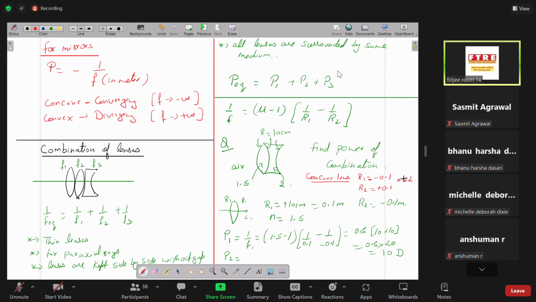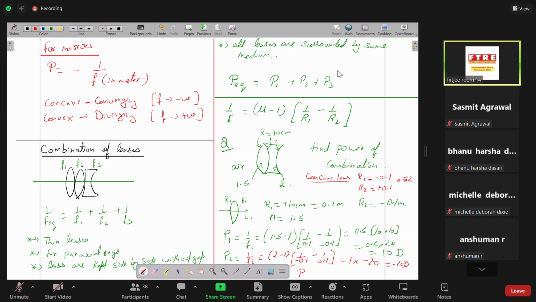Putting the values here, I get 1 upon F2 equals 2 minus 1, into 1 upon minus 0.1 minus 1 upon 0.1, which gives 1 into minus 20. So the answer is minus 20 diopter.